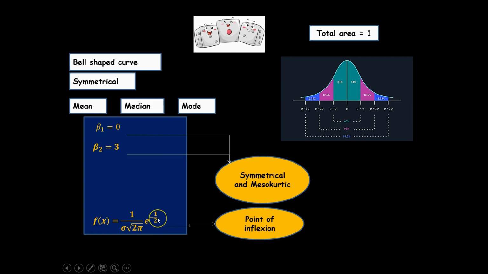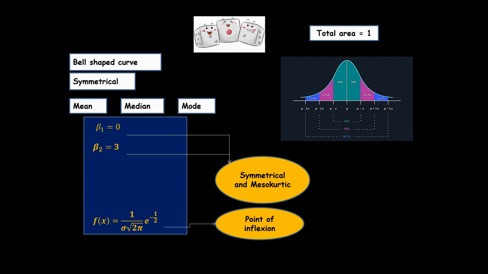So how can we say a distribution is a normal distribution? One thing is that the normal distribution is a distribution of real events. When we talk about the existence of real events, we are talking about a normal distribution. So how can we say mathematically or statistically that a distribution is normal?